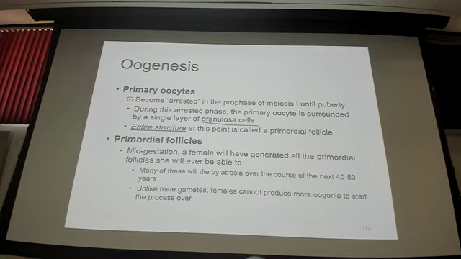A lot of these primordial follicles will just die by atresia, go away, be reabsorbed. After the patient is born, the process of creating more eggs ceases, unlike a male patient who continues to produce sperm.